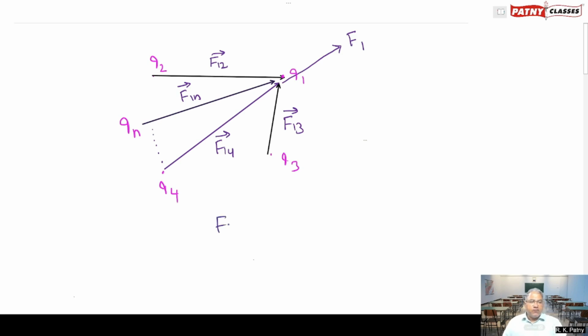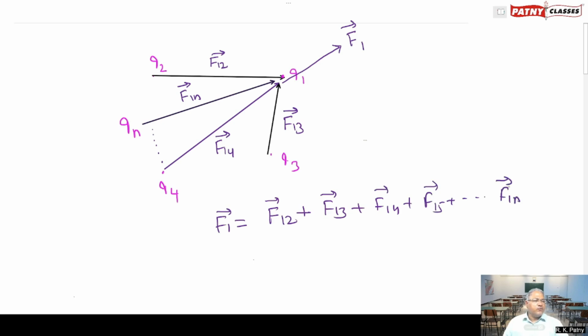Vector F1 is the addition of all the forces, that is vector F12 plus vector F13 plus vector F14 plus vector F15 and so on. Addition of all the forces will provide you the resultant force acting on the charge Q1. This is nothing but the principle of superposition of charges.